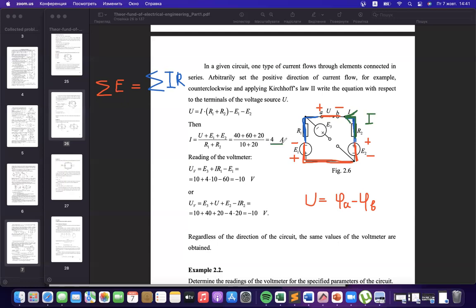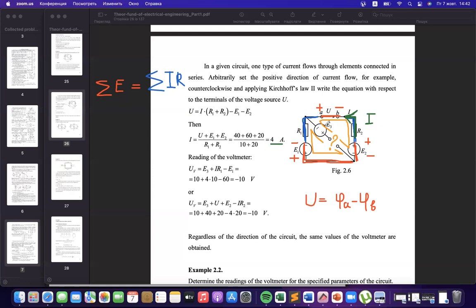And using this current, we could find the value of voltage between these two points. If we want to find this voltage on the voltmeter, we could go through the upper mesh or the lower mesh for calculation. Both these paths will give us the same value.